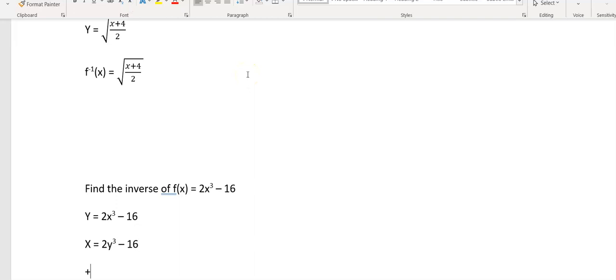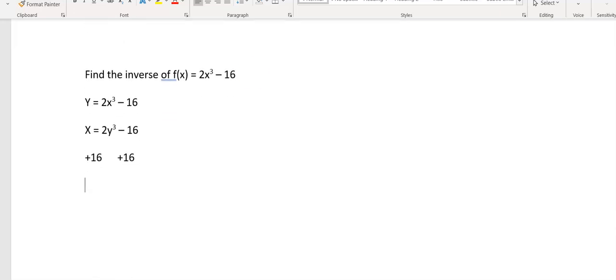Let's add 16 on both sides to get rid of our 16. And that will give us x plus 16 equals 2y to the third. And now let's divide by 2. Dividing by 2, we'll get x plus 16 over 2 equals y to the third.